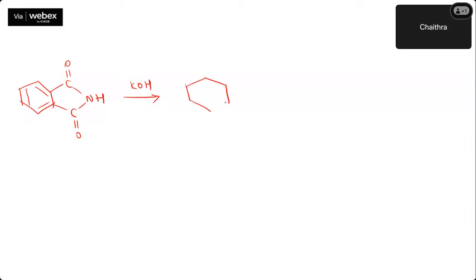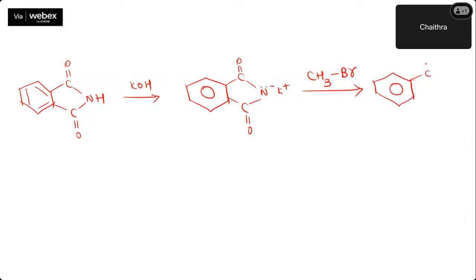You should get potassium phthalimide. Next, on the arrow mark, CH3Br. This is alkyl halide. Can you write the next product? Benzene ring is there, C double bond O, C double bond O, and tell me the product. Byproduct is KBr. It went out. So you get N-methyl phthalimide.